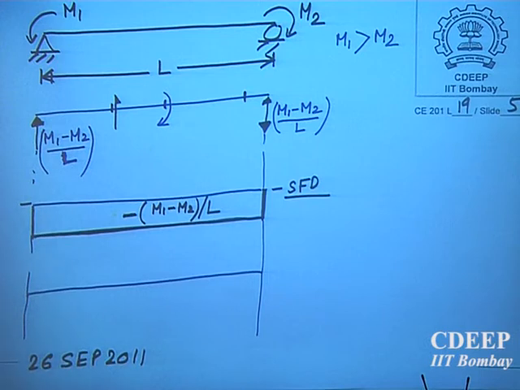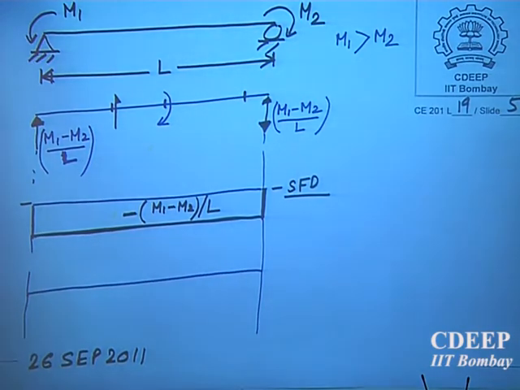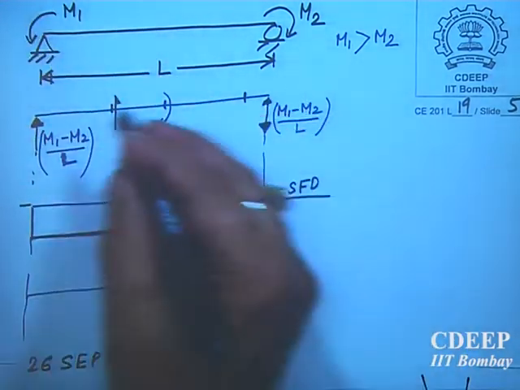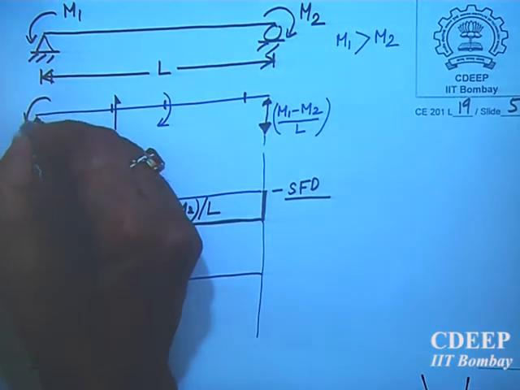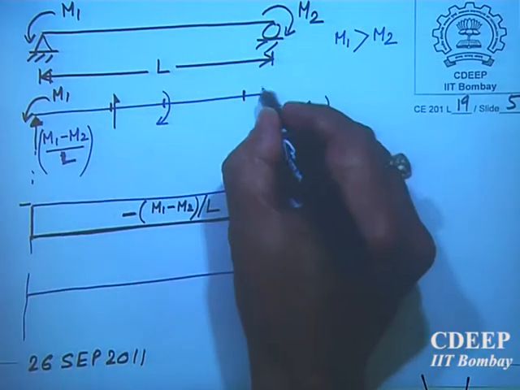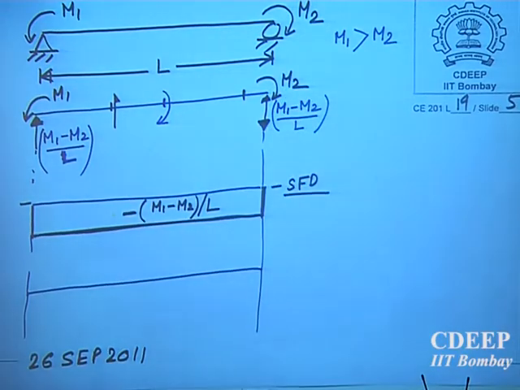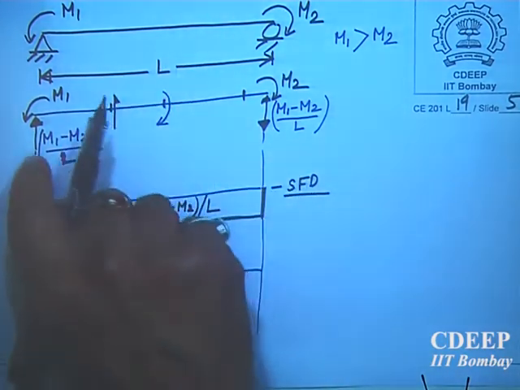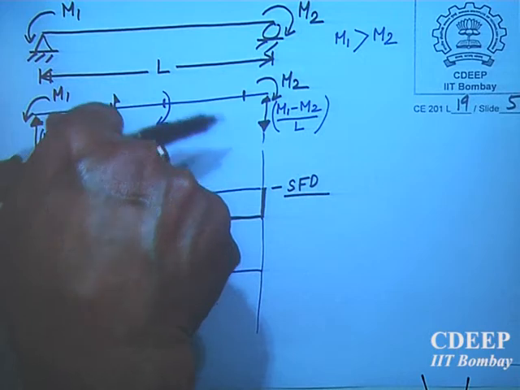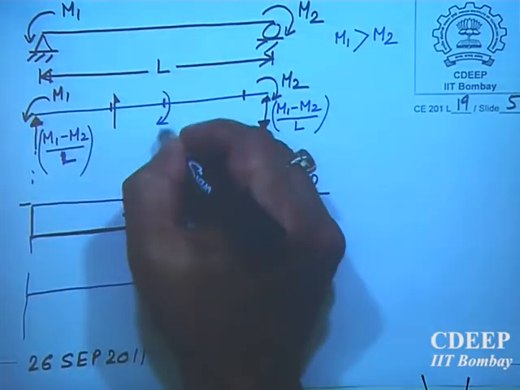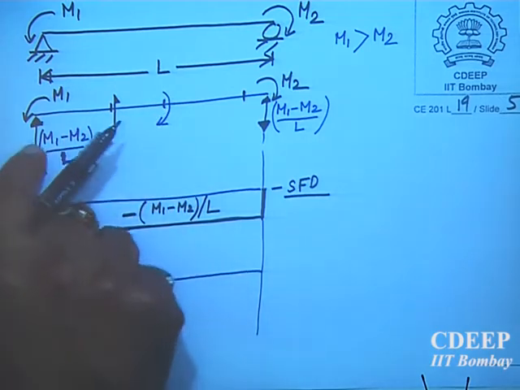No, it has to be M1. It has to be M1. So how will that happen? Because this into this, and M1 is also applied, isn't it? M1 is there here. So total bending moment here will be this into this minus M1.